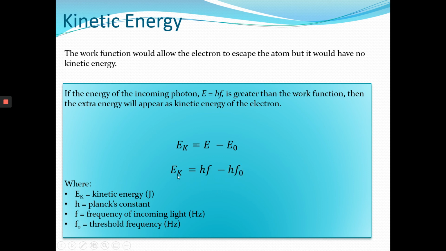So it's 14 joules, because that was the energy of our photon in that wee example, take away 10 joules, because that was the energy required for our electron to escape, is equal to 4 joules. It does look more complicated than it is.